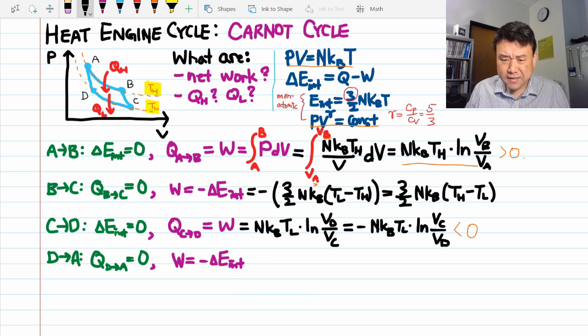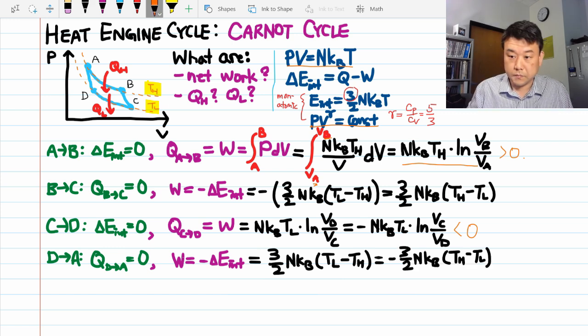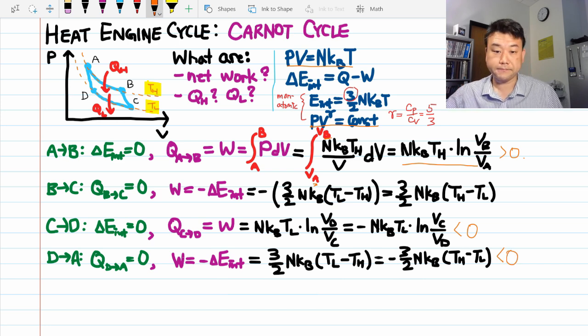So since it's the exact same calculation, let me just write down the results. You've seen the process before. Since TL is smaller than TH, I know this is negative, so let me pull out the negative to make its negativeness clearer. Less than 0, work is being done on the gas.